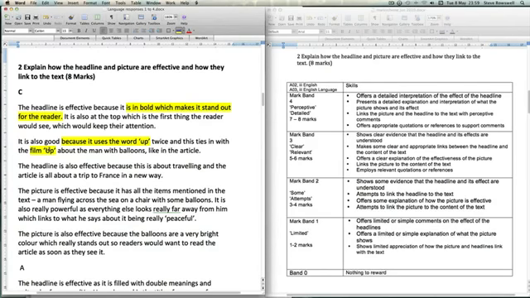At this point, the candidate links the headline to the text. But this is a missed opportunity because there isn't a clear and effective use of evidence of the headline and its relationship to the text below.